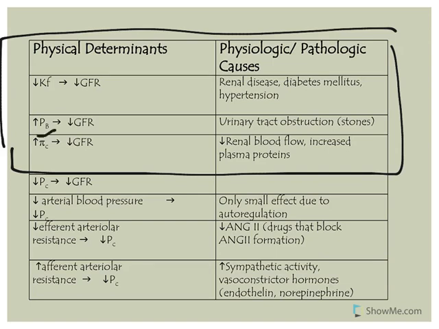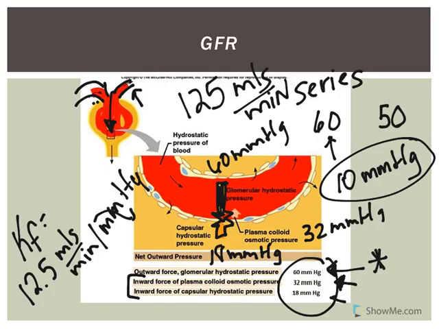If you notice here, this abbreviation, the PB, stands for that Bowman's capsule hydrostatic pressure. So if you go back and look at how things affect filtration, here's that pressure. Remember, that opposes filtration. So if that pressure increases, that would decrease filtration rate.